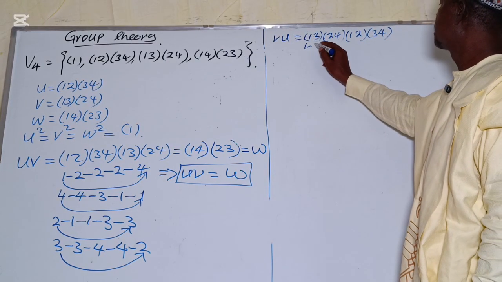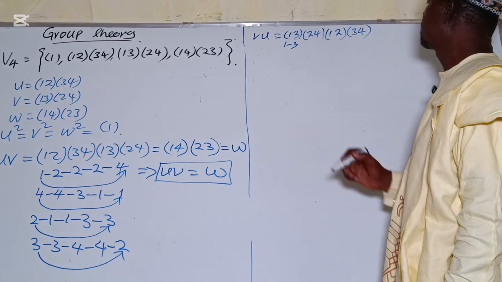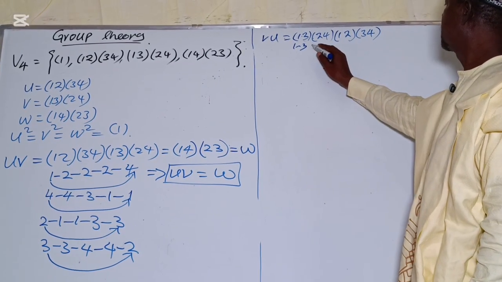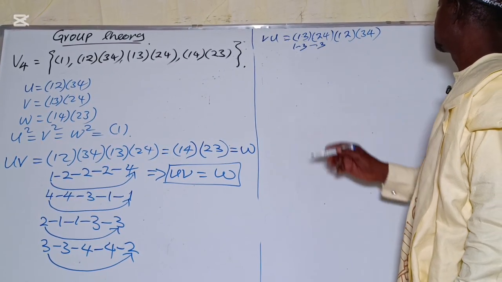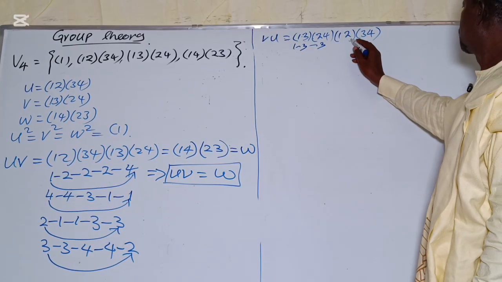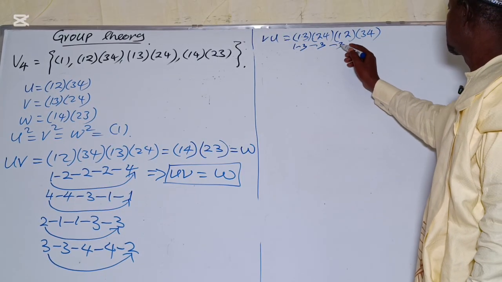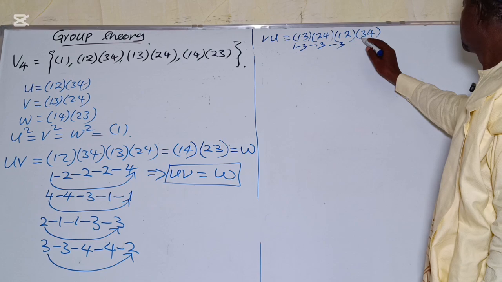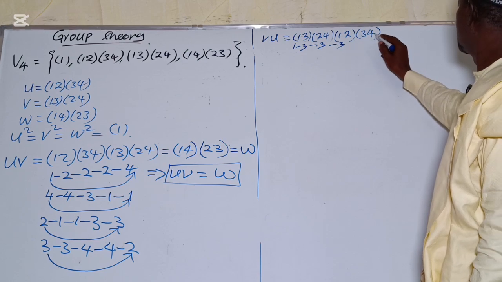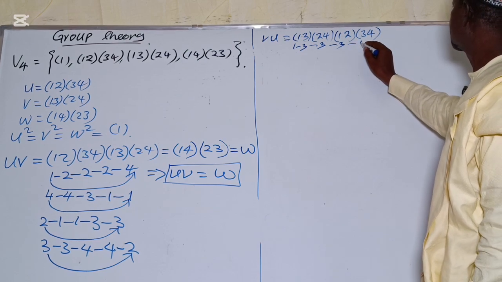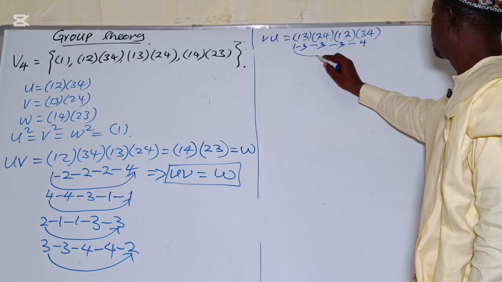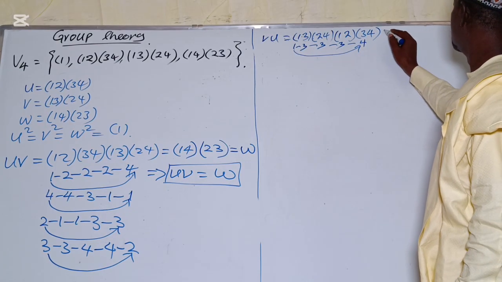Here 1 is mapped onto 3 in the first cycle. 3 is fixed here, so 3 is mapped onto itself in the third cycle, but 3 is mapped onto 4 in the fourth cycle. So ultimately 1 is mapped onto 4.